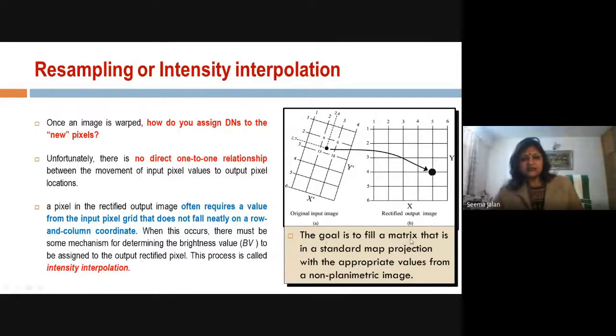The goal is to fill the matrix in a standard coordinate system with appropriate values from this unprojected image or data.